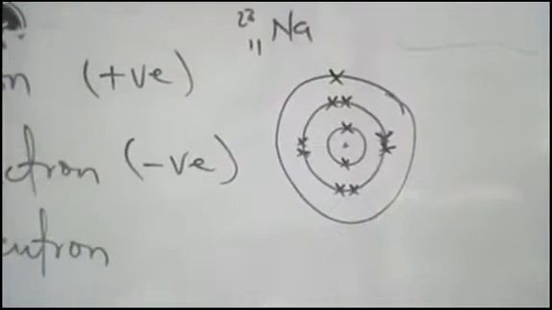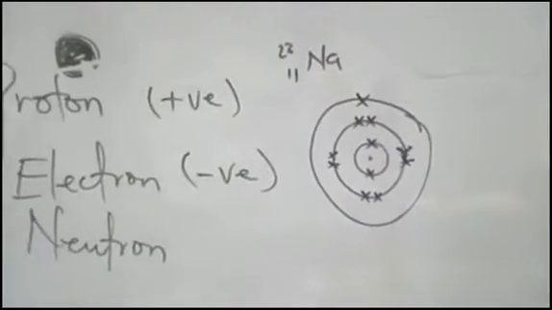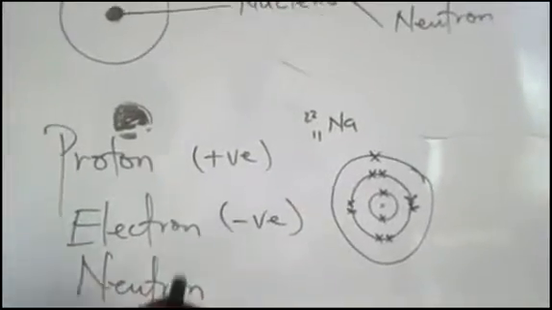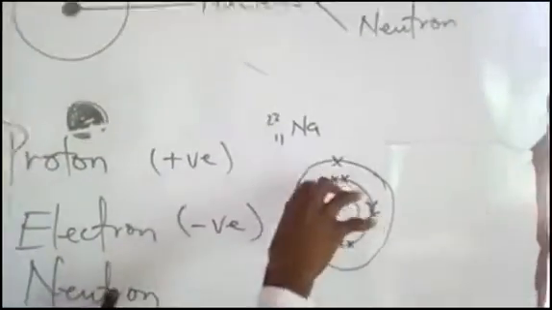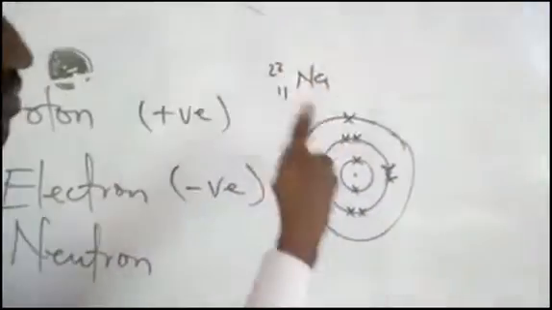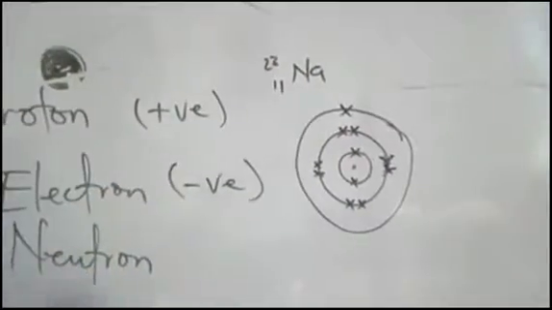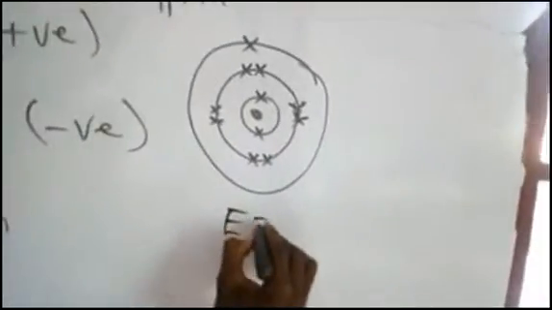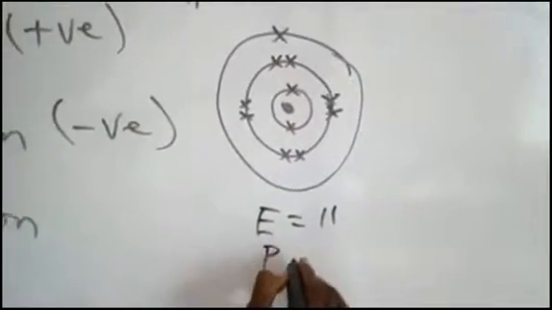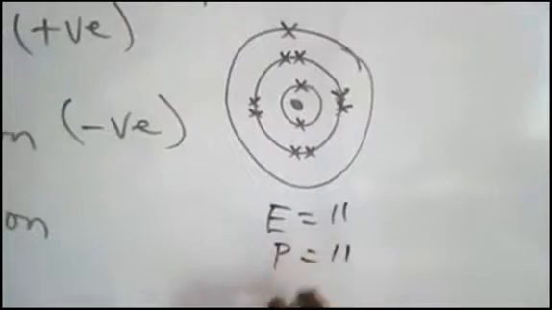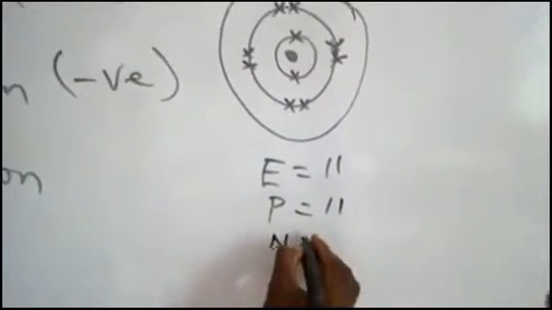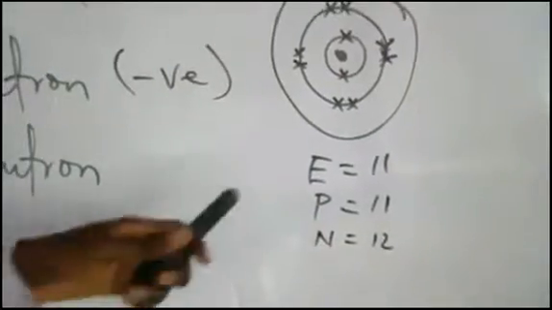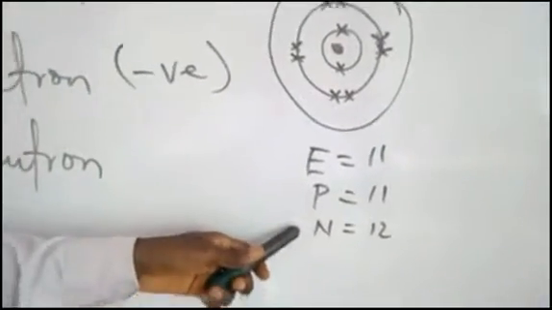So this is the structure of a sodium atom. In this sodium atom, you have 11 electrons, 11 protons, while the neutrons are 12.